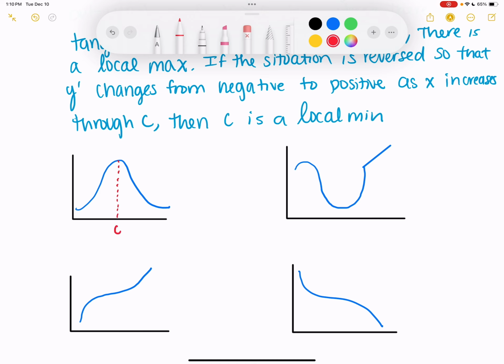Is it supposed to be built like that? Yes. Is that one of those like, it's like a parabola with a line. I was gonna say, is that one of those like piecewise functions? Sort of. I don't know. I just drew it how it was in the book.